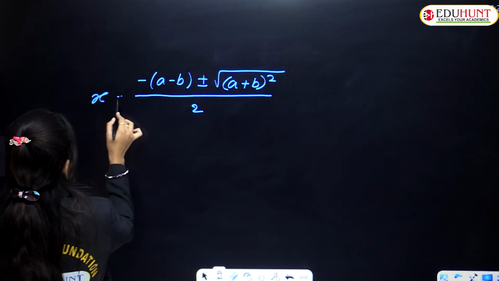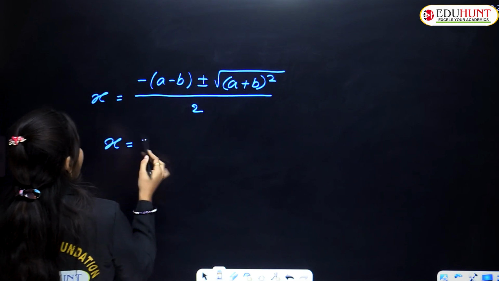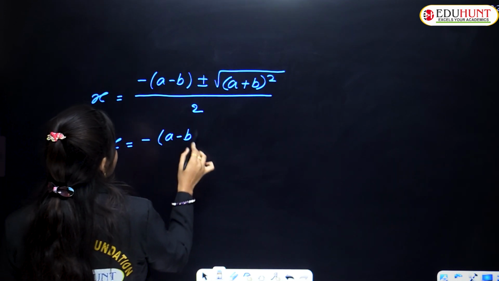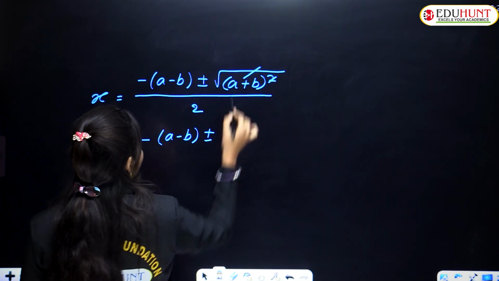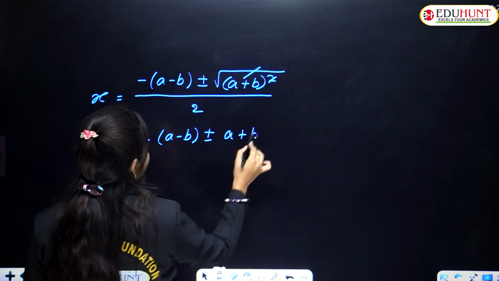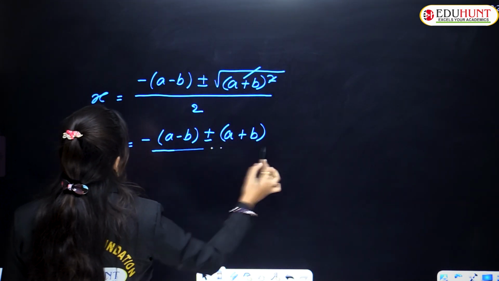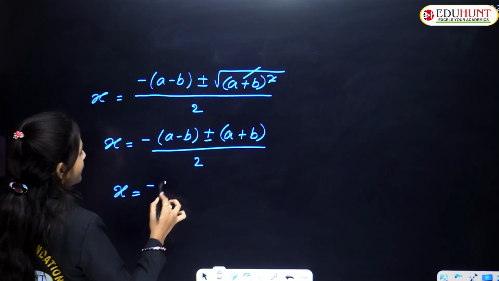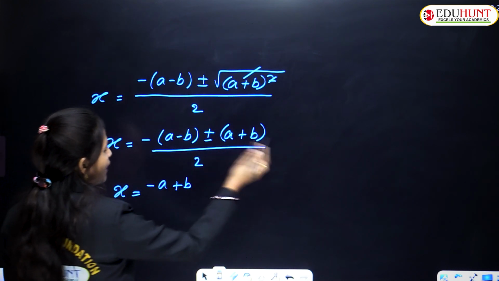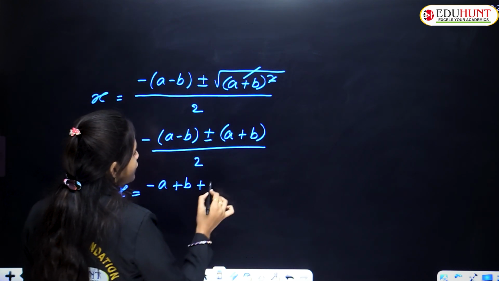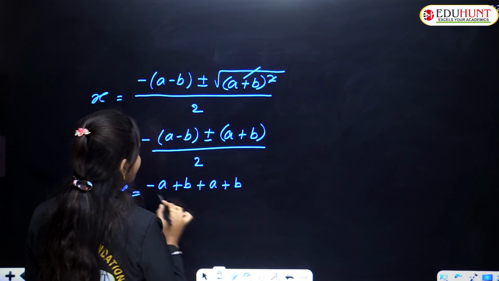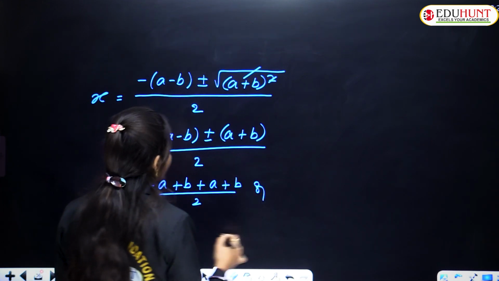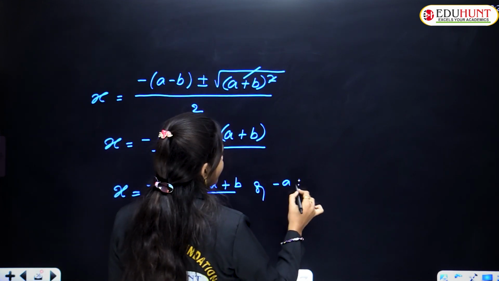So which is equal to minus of a minus b plus or minus, square and root get cancelled, so this is a plus b, whole by 2. Now simplify this. x is equal to minus a plus b, and first I am taking the positive sign, so plus a plus b by 2, or minus a plus b.